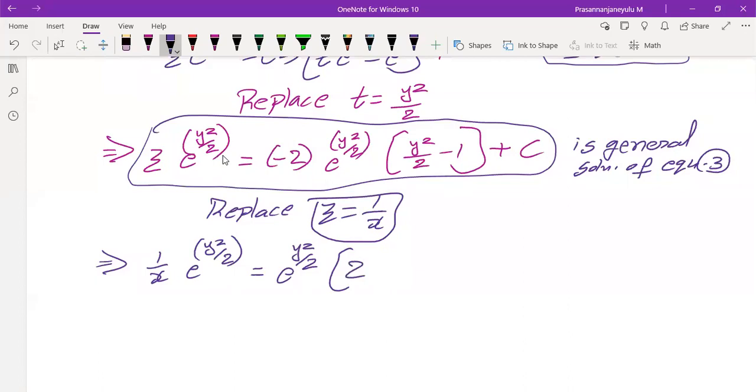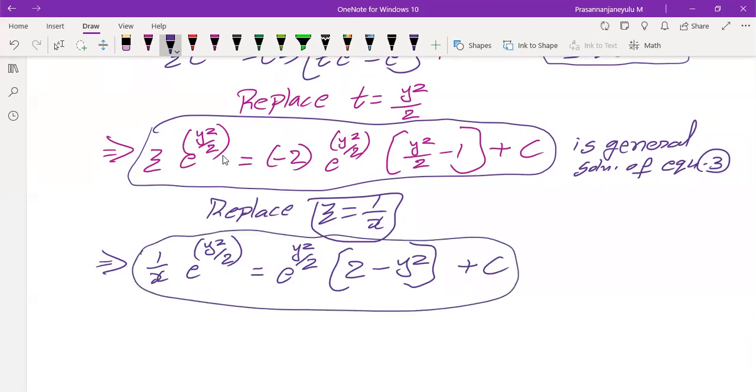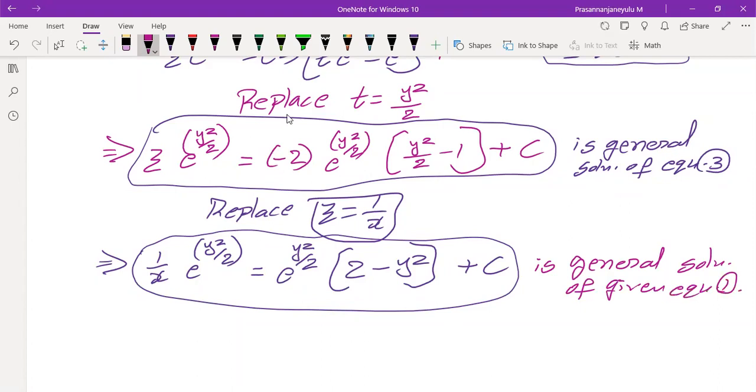Minus 2 multiplied with y square by 2 will get minus y square plus c. This is our general solution of the given Bernoulli's differential equation, equation number 1.